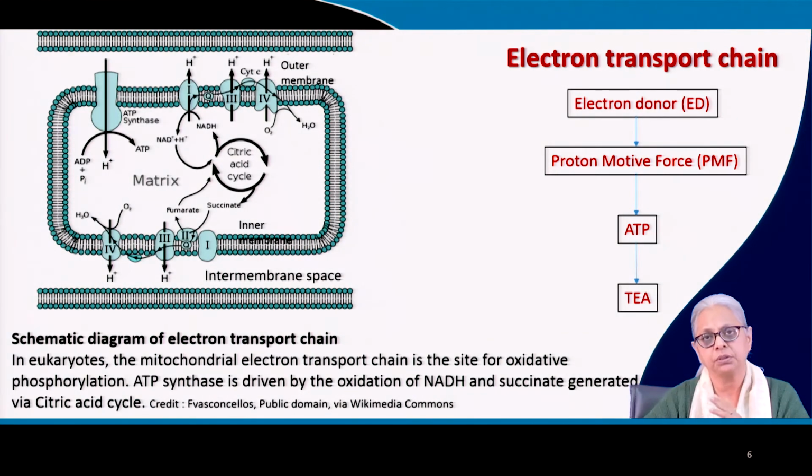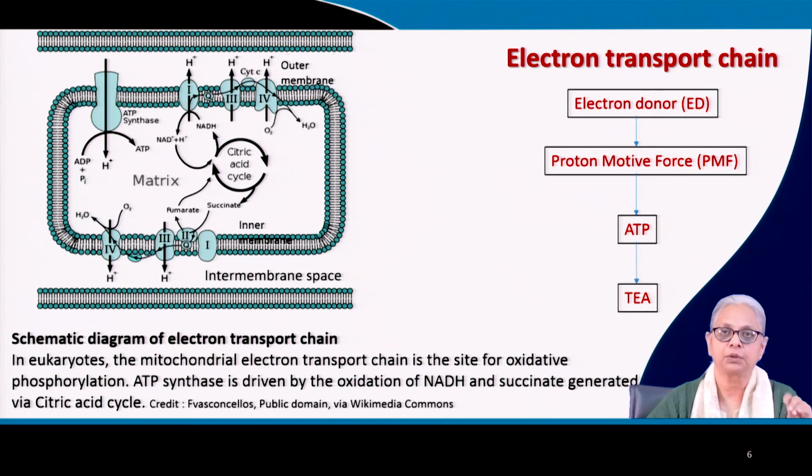Now it is important to remember that this electron transport process happens in prokaryotes at the plasma membrane, and whether the outside of the plasma membrane faces another outer membrane or whether it faces the cell wall, regardless, the same process is happening.